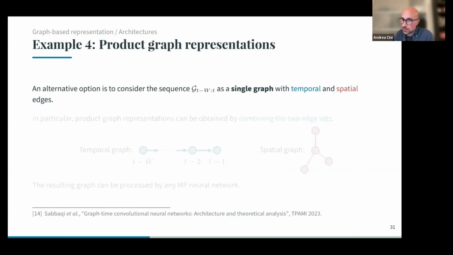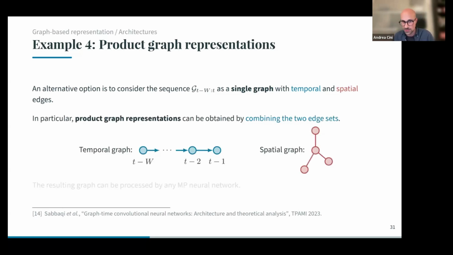We then have the product graph representations. These representations come from the simple observation that you can see the temporal dimension as a line graph and combine it in some way with a spatial graph. There are several ways that one could consider to combine this temporal graph with a spatial graph. And then again, process the resulting representation using a standard message passing network.